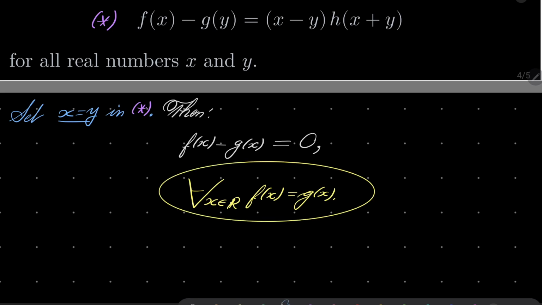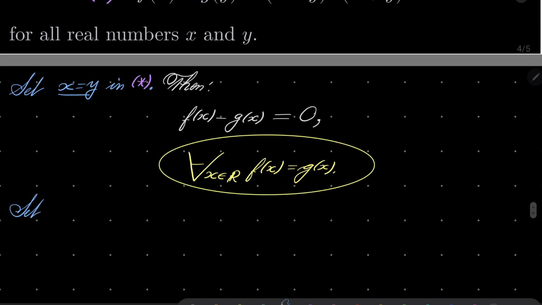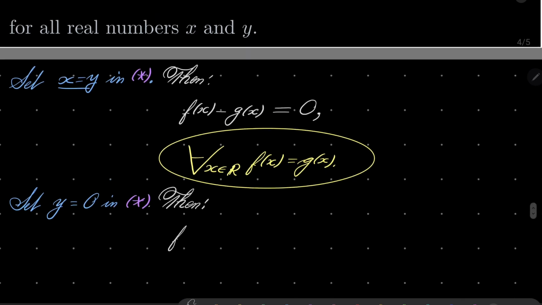Right. Now let's set something else. Now let's set, for example, y to be 0, again in our equation asterisk. Then we have the following: f of x minus g of 0 equals x h of x.